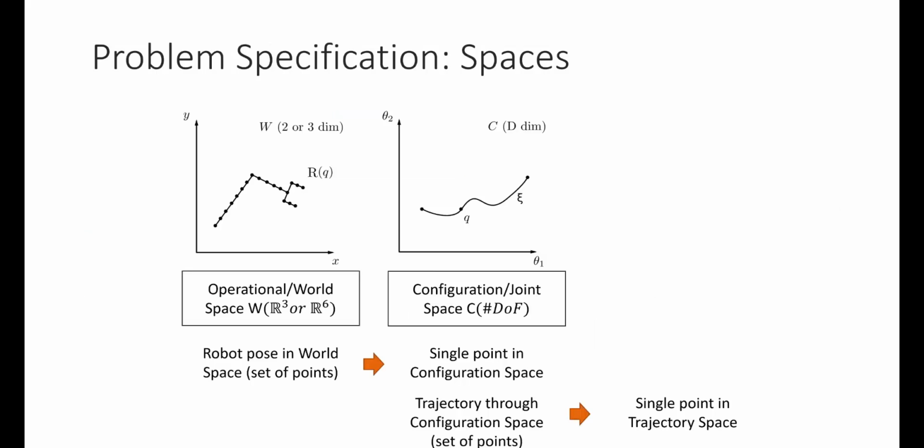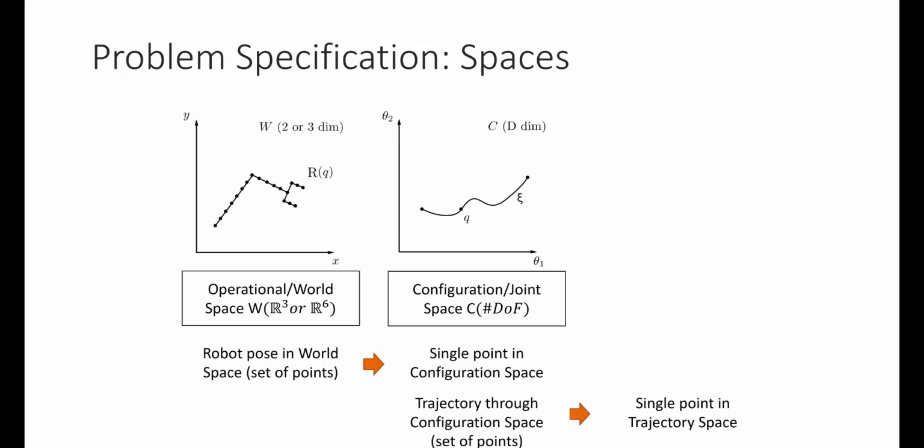Okay, so we talked about these different spaces that our paths are going to exist in. So we can talk about the operational space. That's just the physical world where your robot takes up some amount of volume, and maybe for this 2D robot it looks like that. And then every picture or snapshot of something in the world is just one point in a configuration space, where a configuration is defined by the angles of all of my joints.